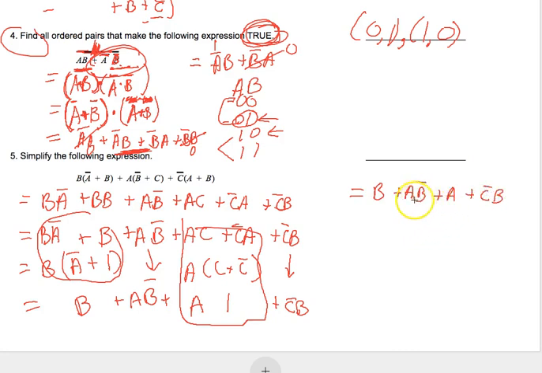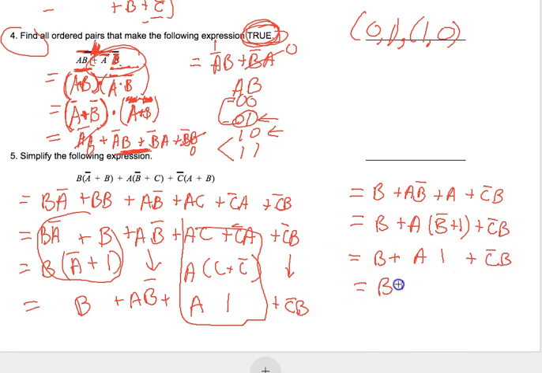Still moving forward, I can factor an a term out of these two inner parts. So I'm left with a b not plus now a 1. And anything plus 1 is 1. And I can factor a b out of these two terms. I could also rearrange them.